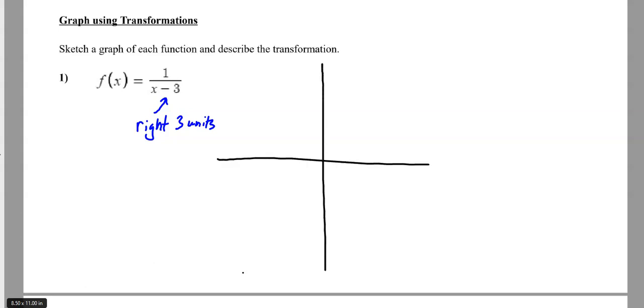Sketch a quick little graph. Well, the asymptote down here didn't change. It didn't really move up and down. So I still have this asymptote at y equals 0. But now the vertical asymptote is going to come over here and it's going to shift over. And we just need a sketch. We don't need it perfect. So it's going to kind of do something like that.